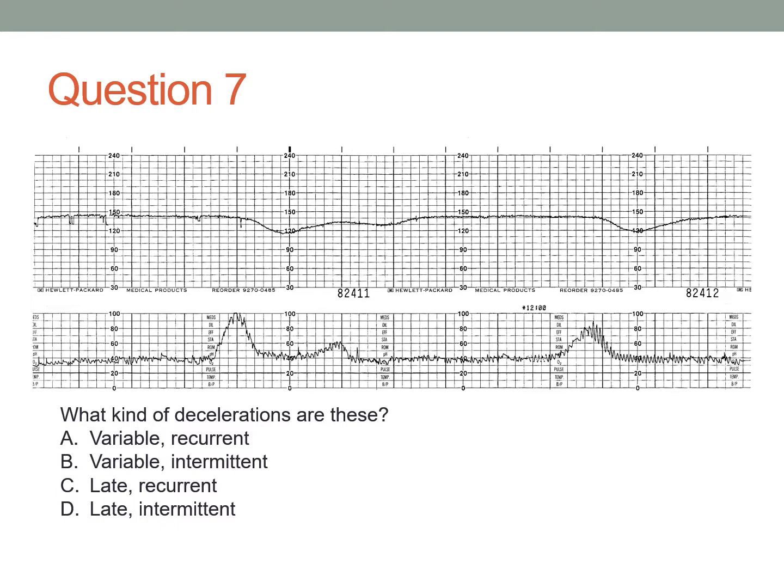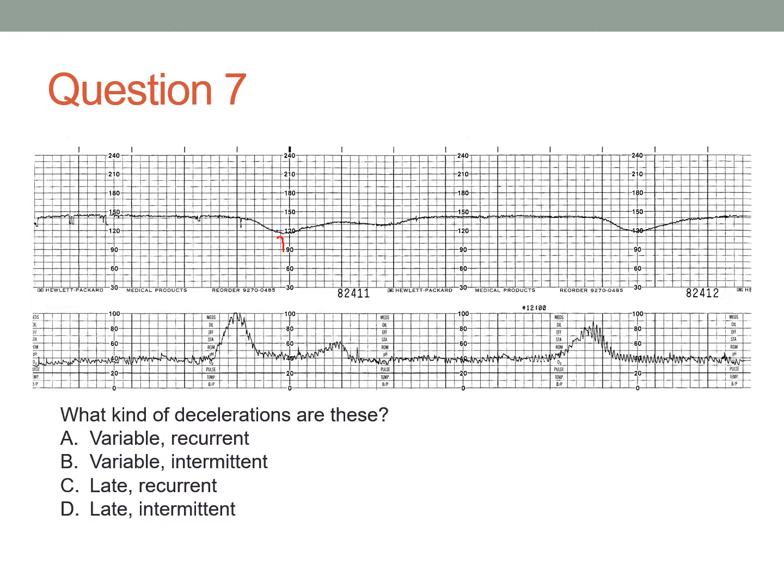So take a look. Answer here is C. They are late and they are recurrent. What makes them late is the onset, the nadir and the recovery come after the onset, nadir, and recovery of the contraction.